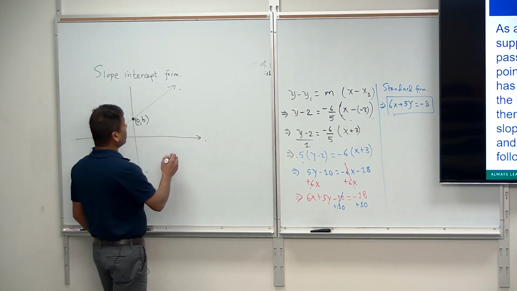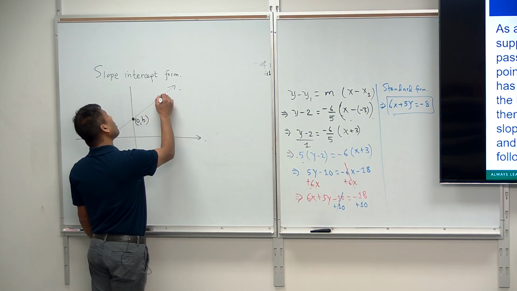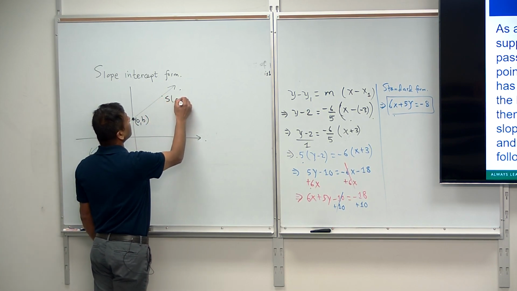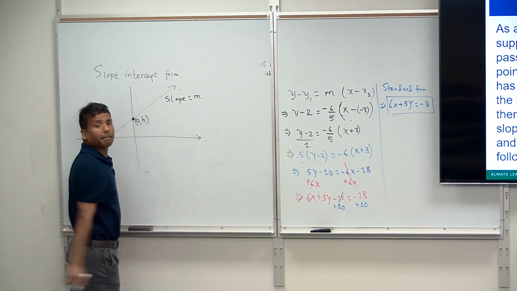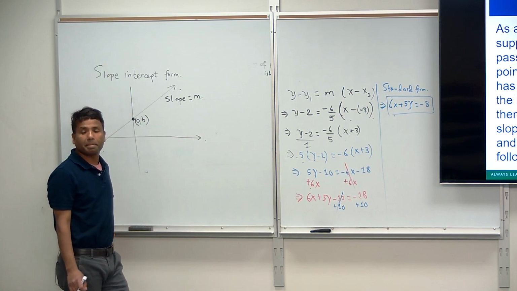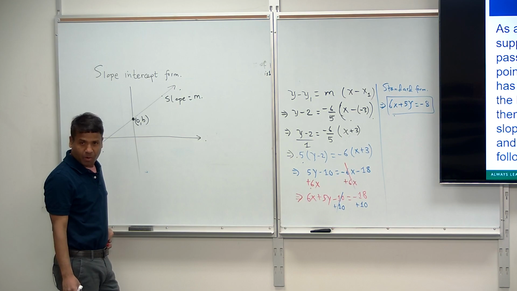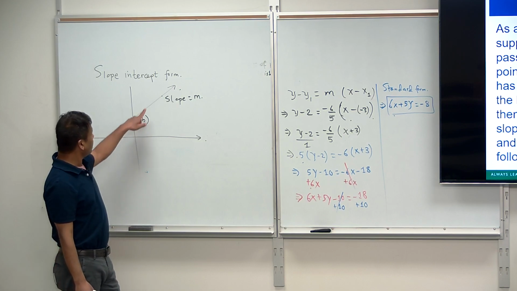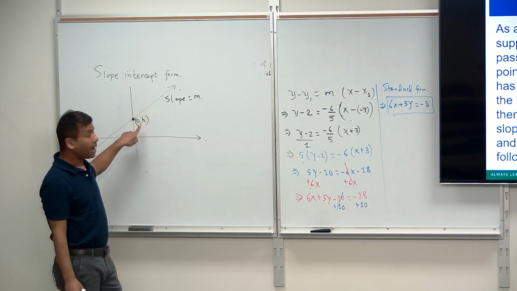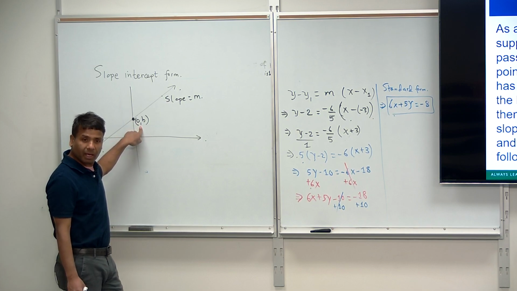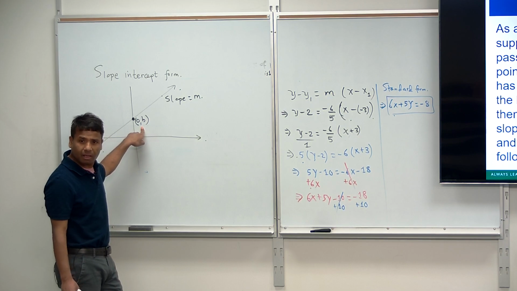Now remember, let's say the slope of this line is m. Are you with me? This is the line. It passes through the point (0, b), and b is the y-intercept. You know that, right?